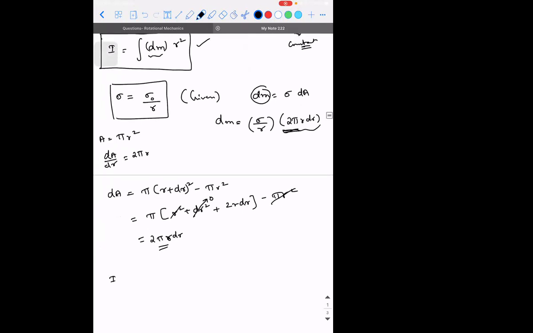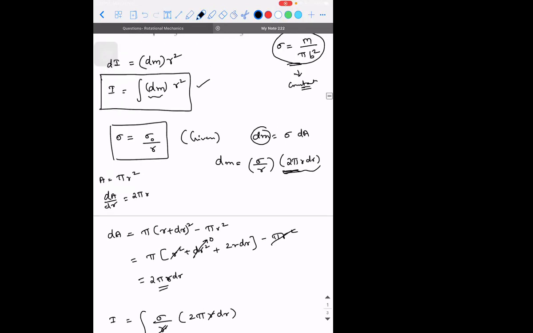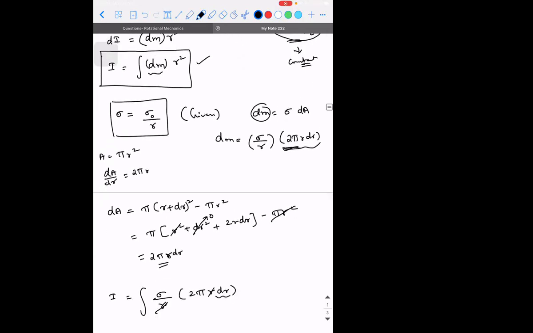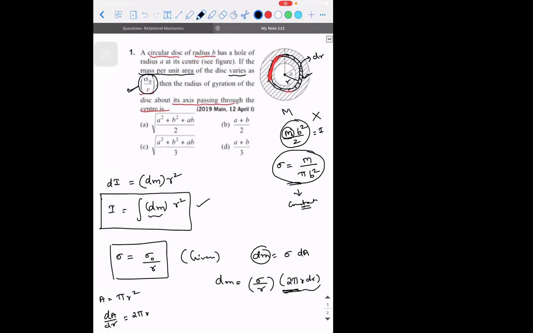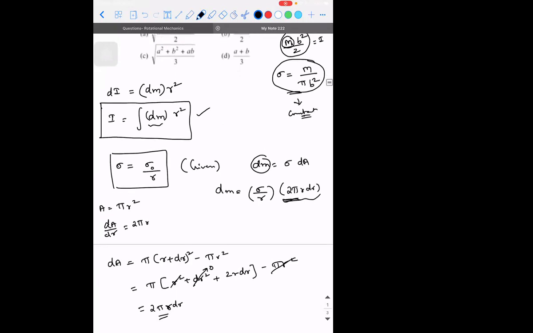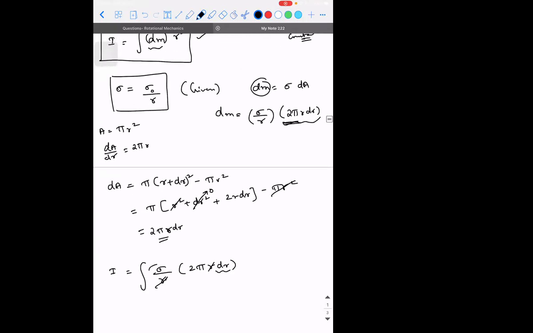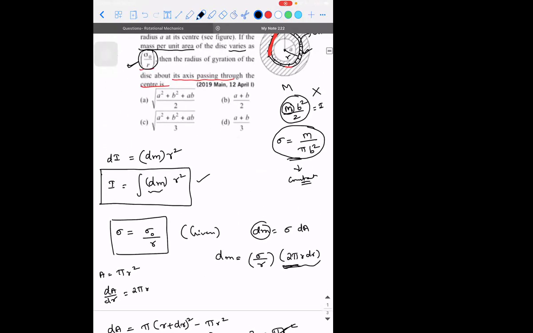Now, what will be the moment of inertia? I will be equal to integral of r square dm. In the place of dm, can I write it as sigma by r into 2 pi r dr? So r and r are gone. What is the range of r?